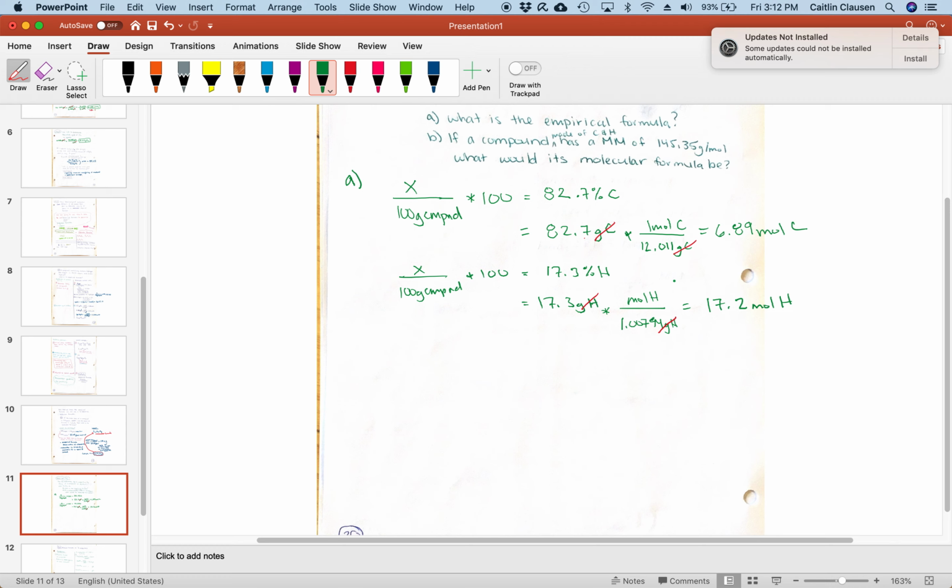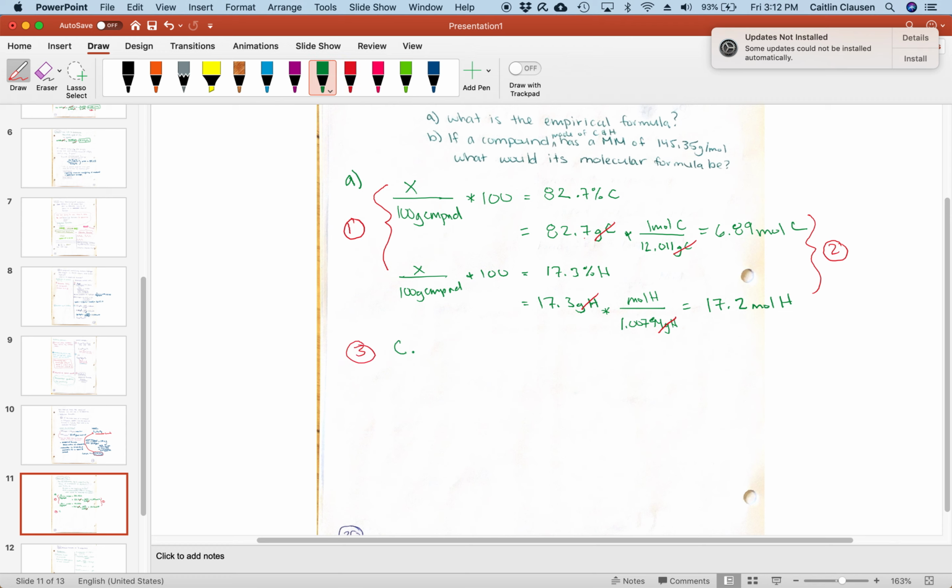So now I'm going to put that into our empirical formula and we divide by the lowest number. So this here is step 1, and this right here is step 2. Now I'm at step 3.